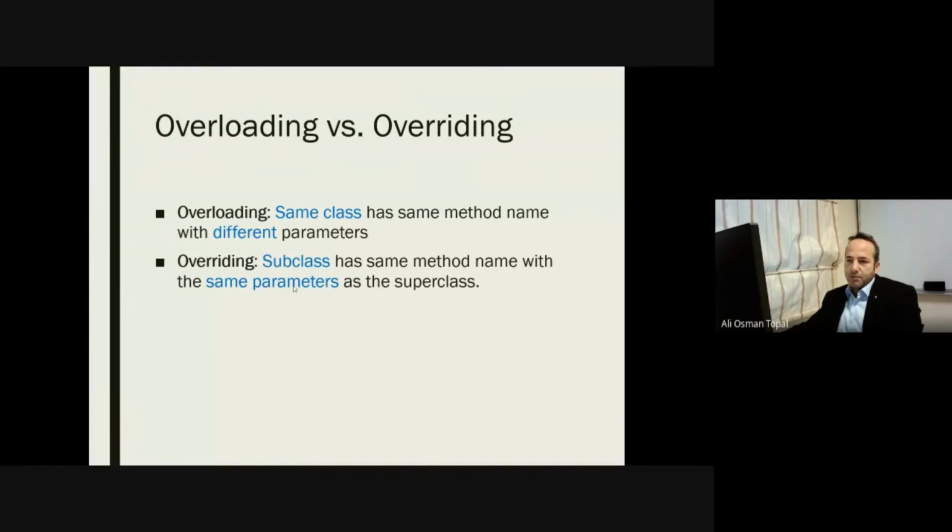The parameters are the same. You have used integer in the superclass. It is integer again. The methods have the same name. Only you are doing something else in the method. But overloading, in the same class you have the same method name with different parameters.